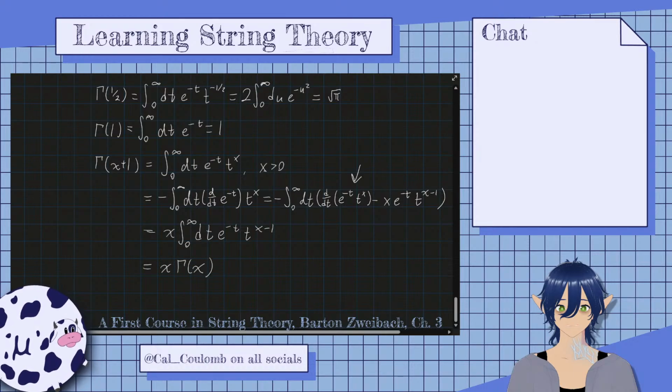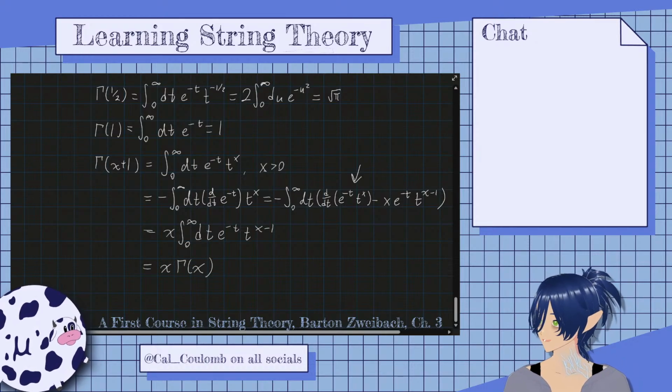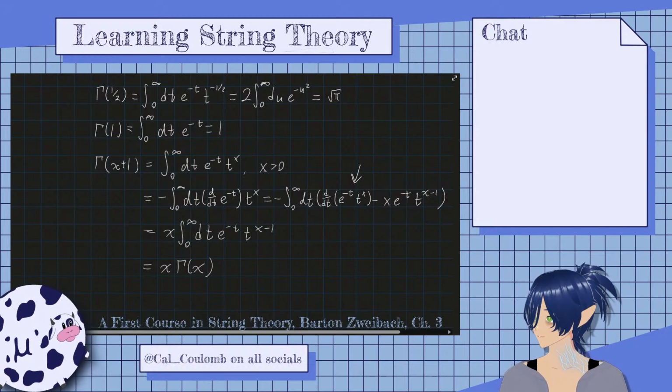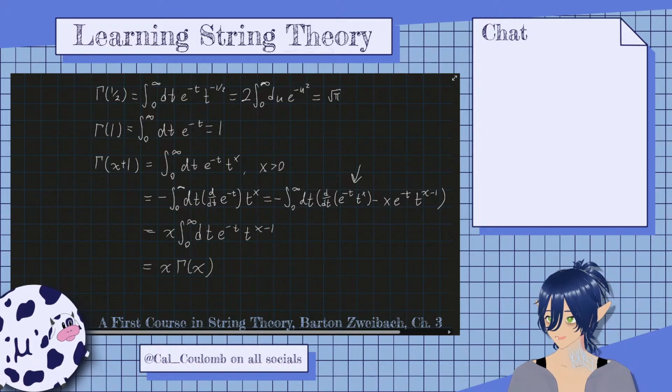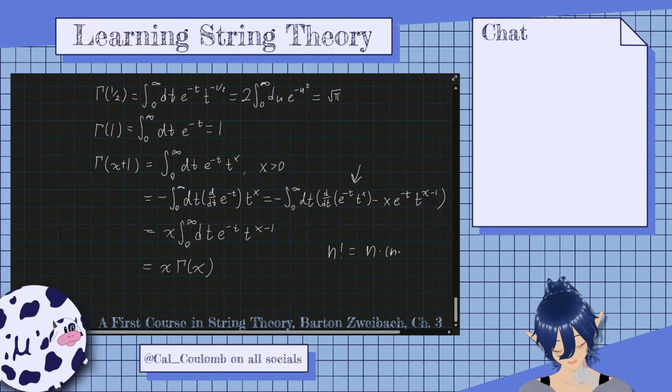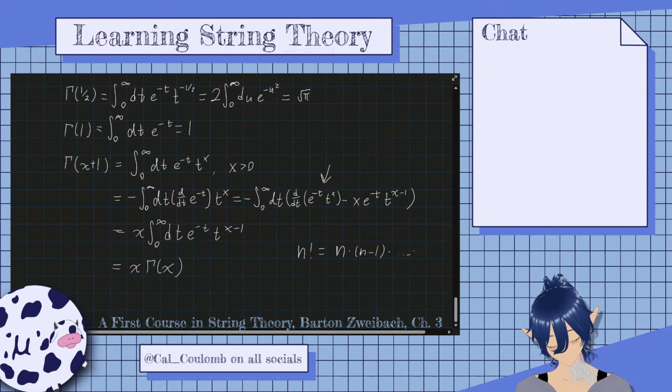So we have the relationship that Γ(x+1) is equal to x times Γ(x). This is where we get the analogy to the factorial. You know, n factorial is equal to n times n minus 1 times and so on, all the way down to 1.